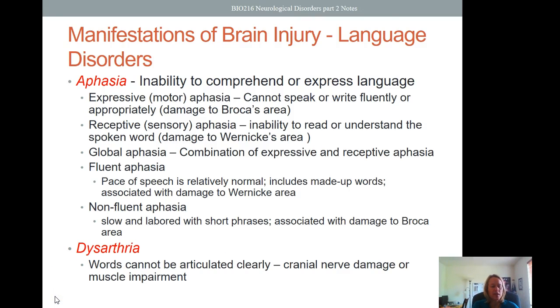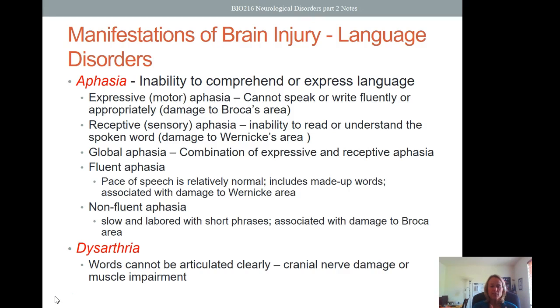Language disorders. Aphasia refers to the inability to comprehend or express language. Expressive or motor aphasia is where you cannot speak or write fluently or appropriately, and this is due to damage to Broca's area, which is found in the frontal lobe, usually in the left frontal lobe of most individuals.